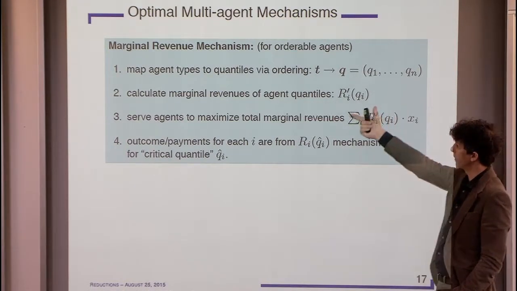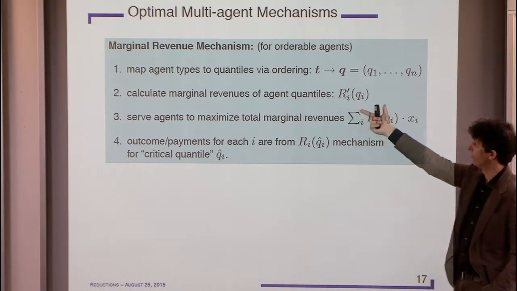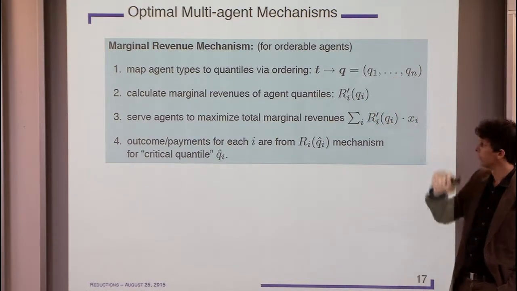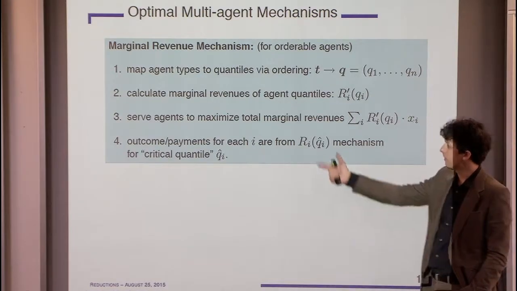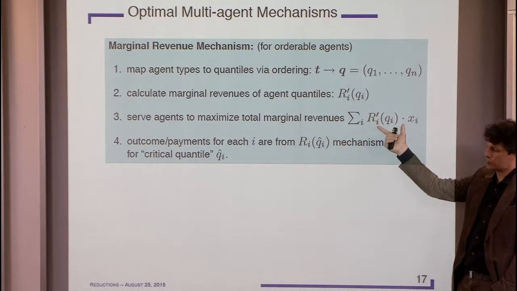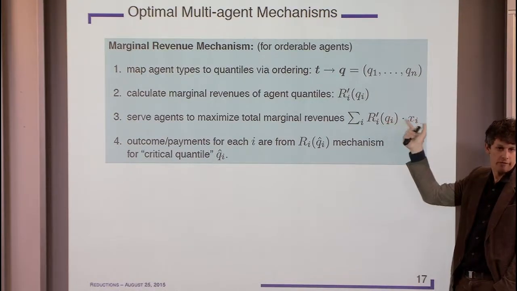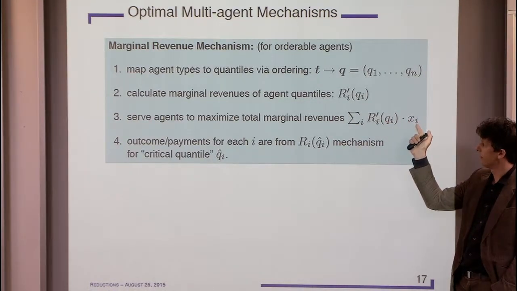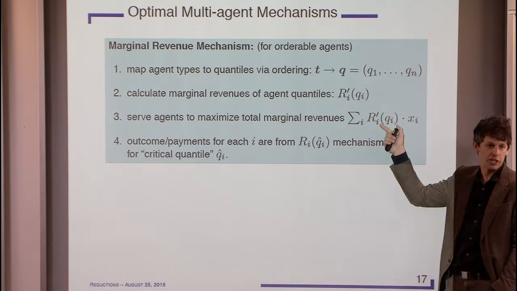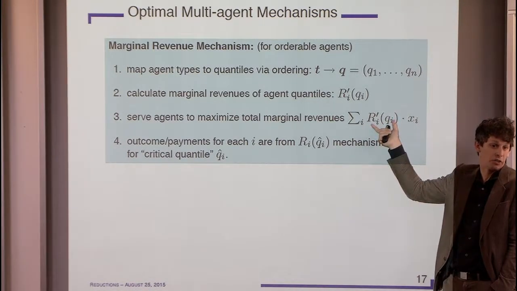Then I'm going to calculate the marginal revenues of all of the agents at the quantiles I get from this mapping. And then I'm going to serve the agents to maximize the total surplus of marginal revenue. I find the x_i's that are feasible and maximize the sum. For a single agent, I just choose the guy with the highest positive marginal revenue.